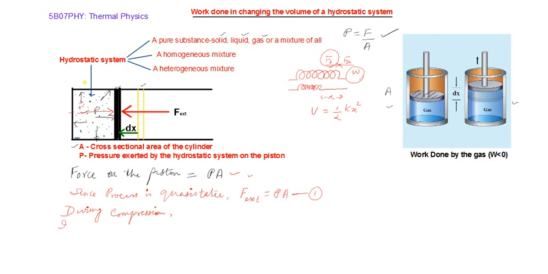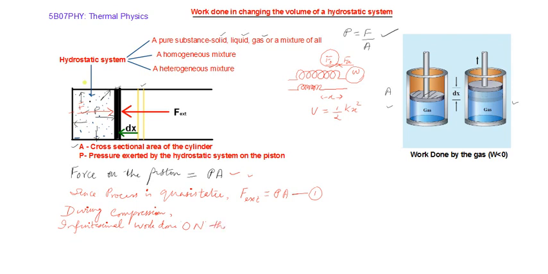Infinitesimal work done, you know, we are doing infinitesimally. Now I have to use a proper preposition. Should I use on or by? You know it is compression, so it is on. Infinitesimal work done on the system.